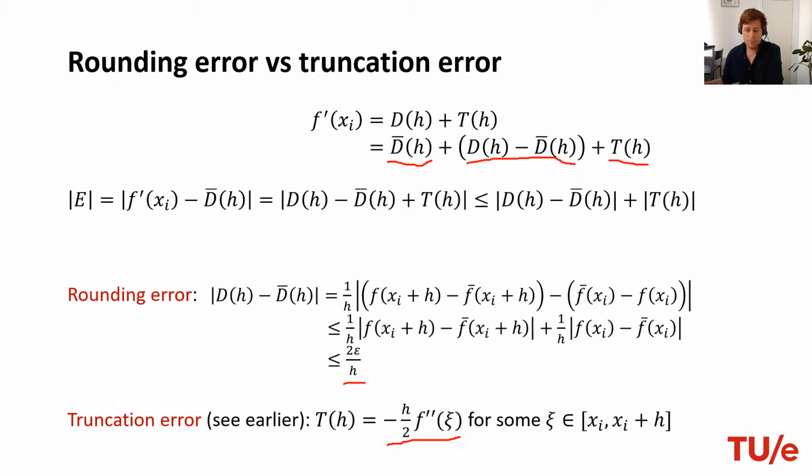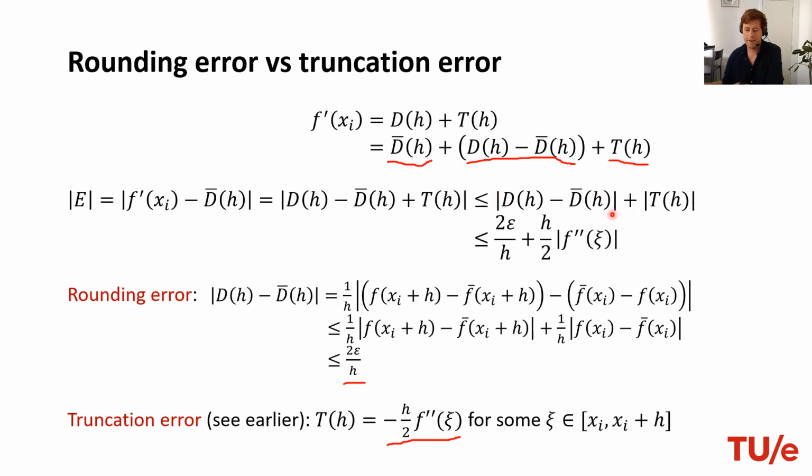So this means that we can group the error terms together into, let's say, a global error or a total error. If we sum up this rounding error and the truncation error, we see that this total error, which is the difference between the actual value of the derivative and our rounded, truncated finite difference approximation of the derivative, again applying the triangle inequality, can be written as follows.